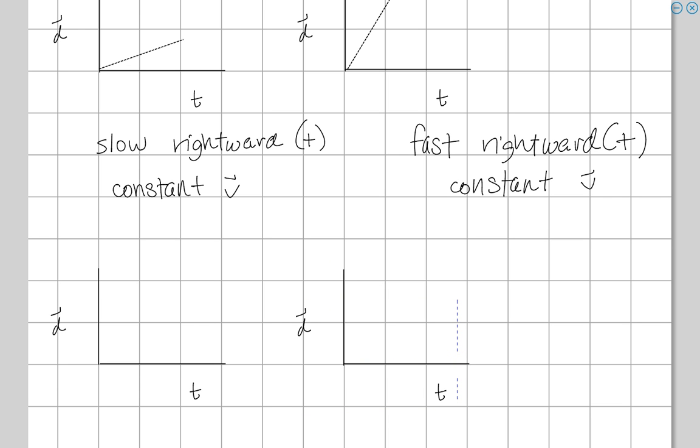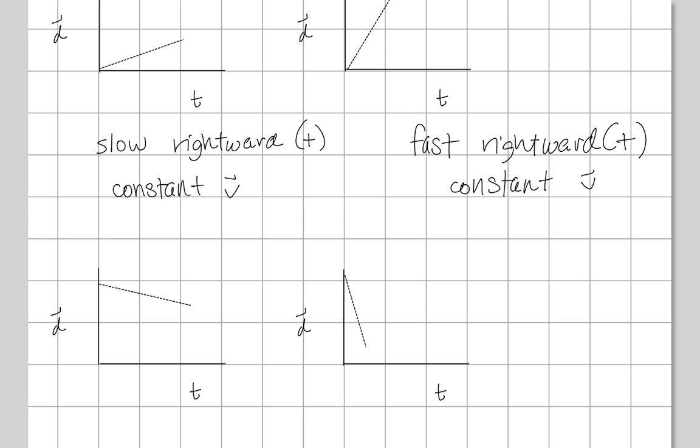Okay, so let's take a look at these graphs. Similar, but different. Which one is going faster? What does speed have to do with these graphs?